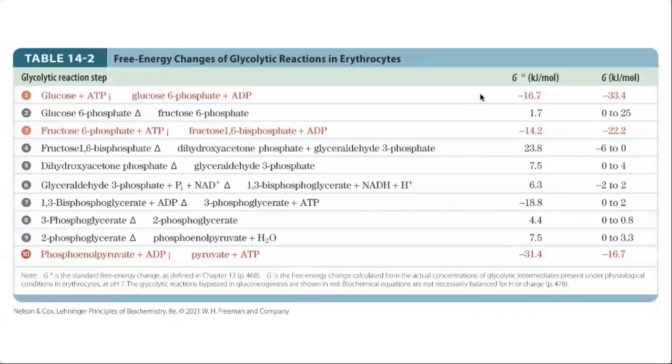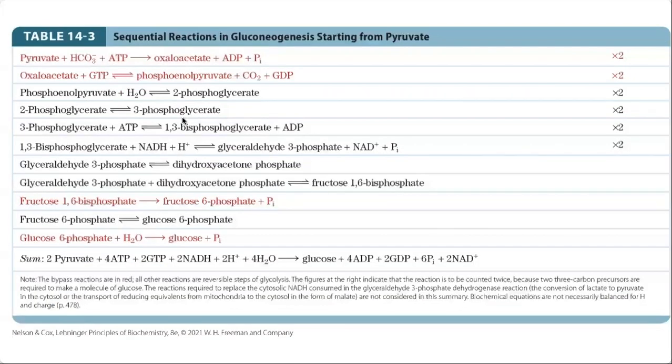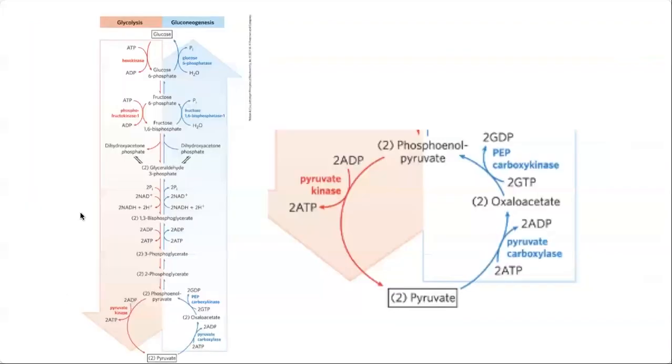As we mentioned at the beginning, you basically have these 3 steps with these large negative delta G's that we need to get back the other direction. And so when we're doing this in gluconeogenesis, we're going to have to introduce different enzymes. We're going to have 4 enzymes because we needed 2 enzymes to reverse this last step.